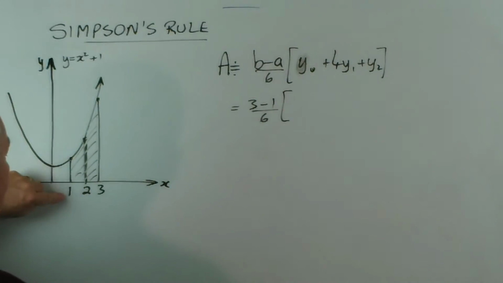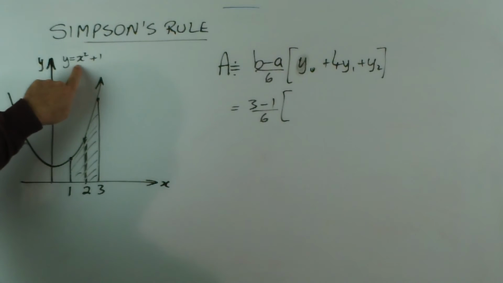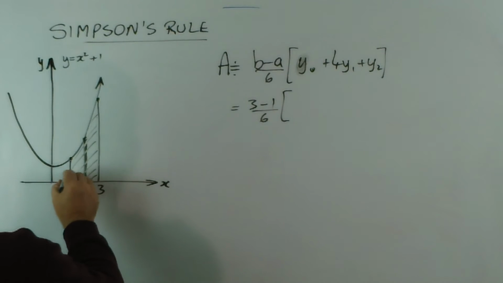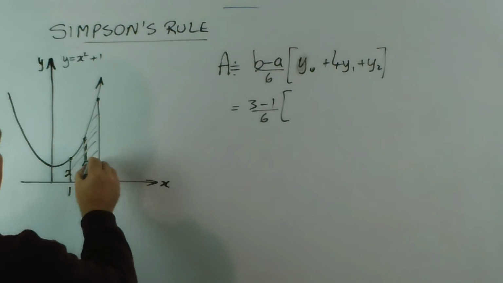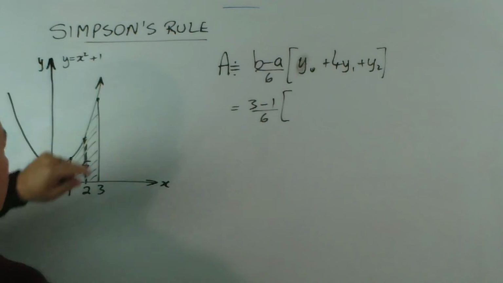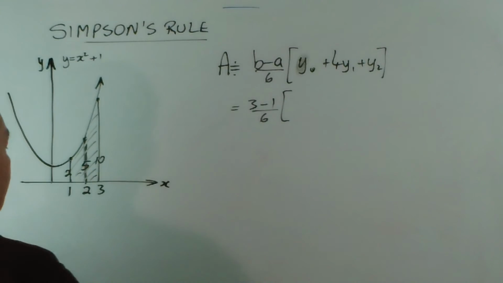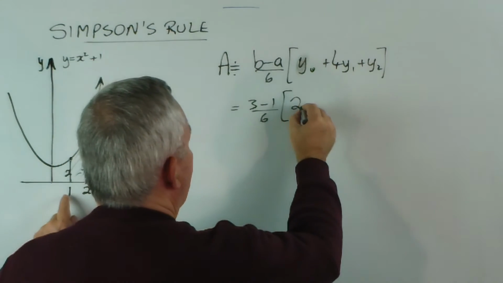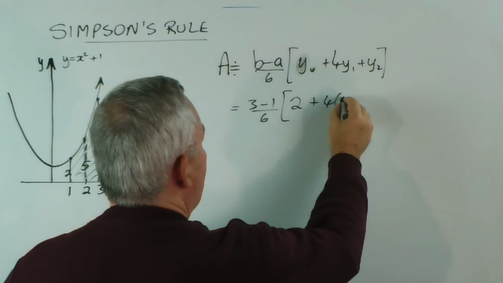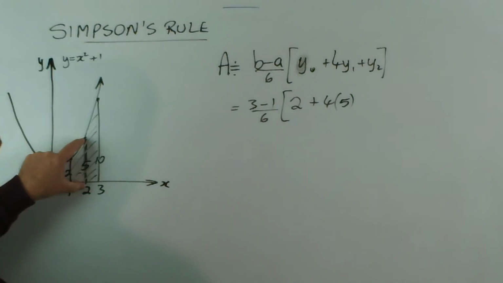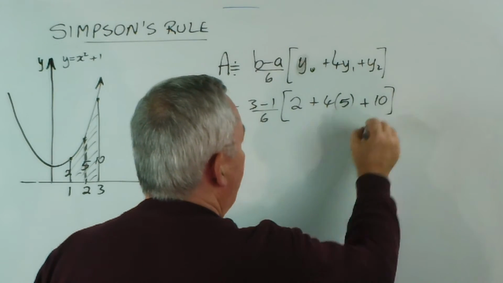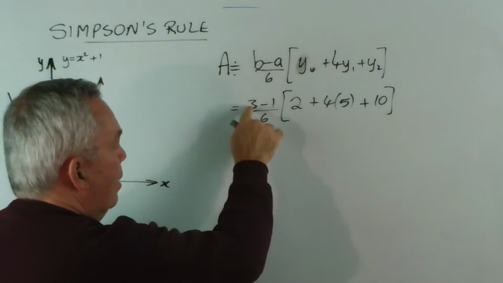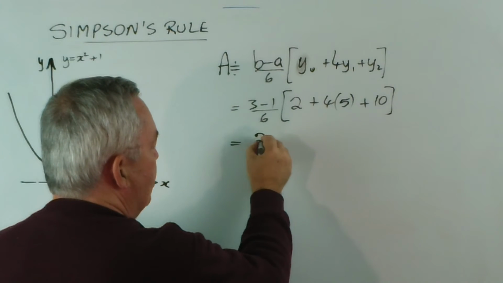The first y value will be what we get when we substitute 1 in the formula. 1 squared plus 1 is 2. I'll write the value on here. When I substitute 2, I get 2 squared is 4 plus 1 is 5. And substitute 3, 3 squared plus 1 is 10. So I'm going to get 2 plus 4 lots of the number in the middle, the function value there, and the function value on the end. 3 minus 1 is 2.